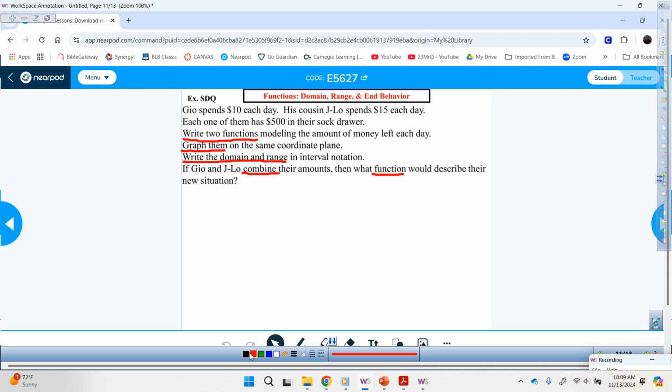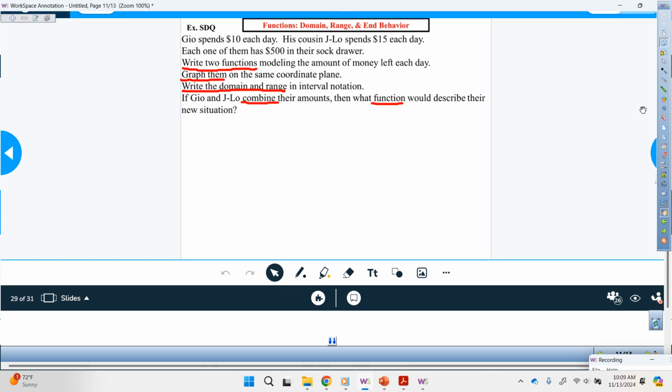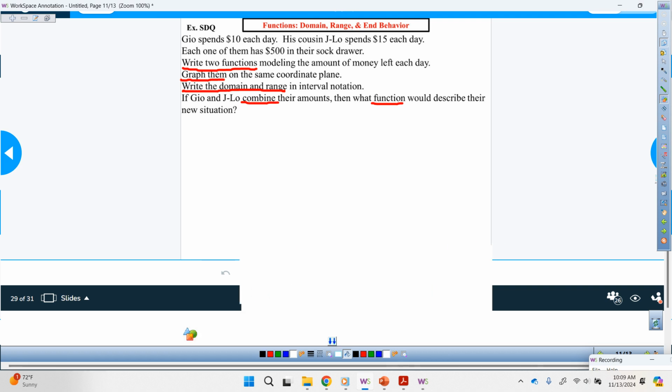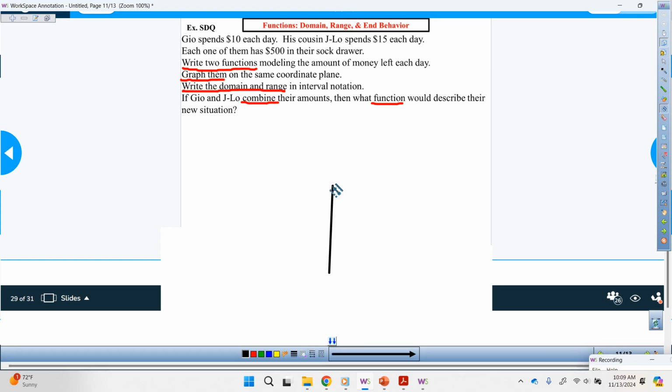So to get us started, guys, let's get a graph going. It's on your paper. Let's do, let me make some space here. All right.